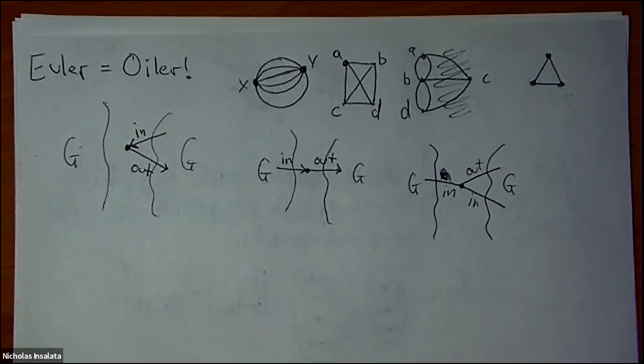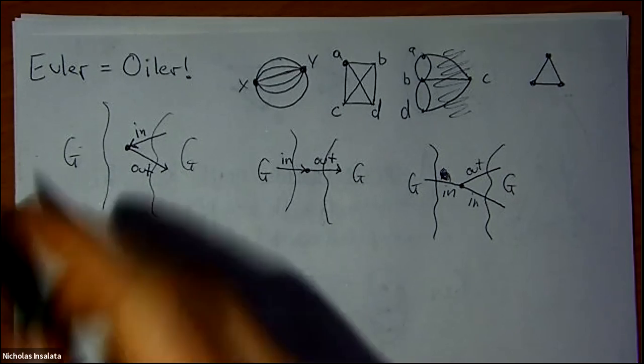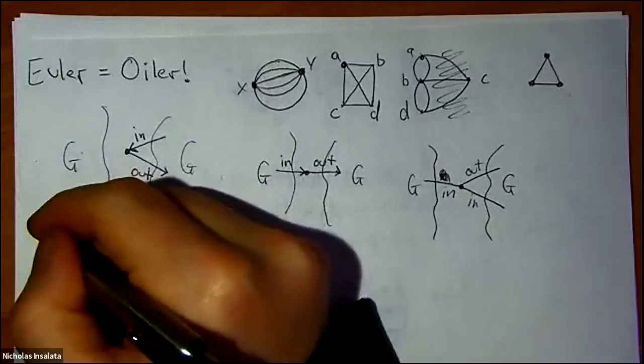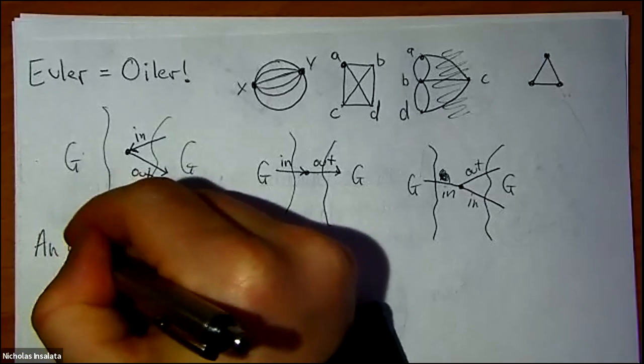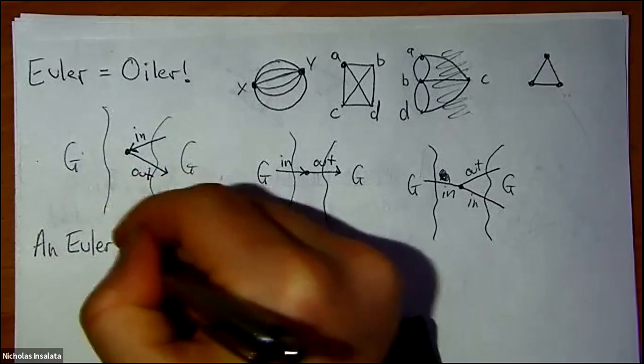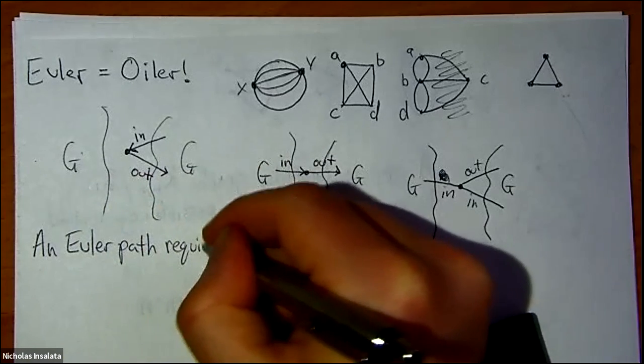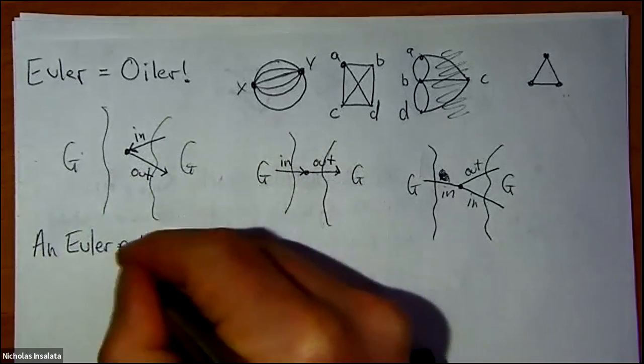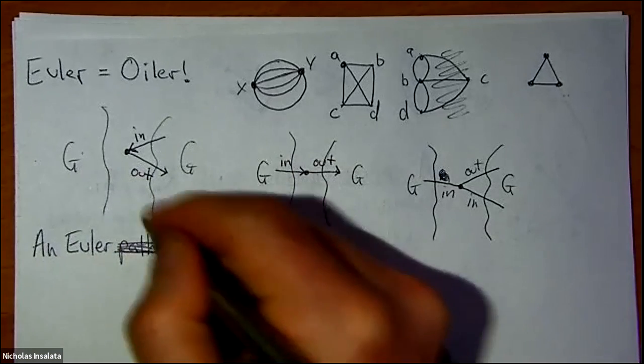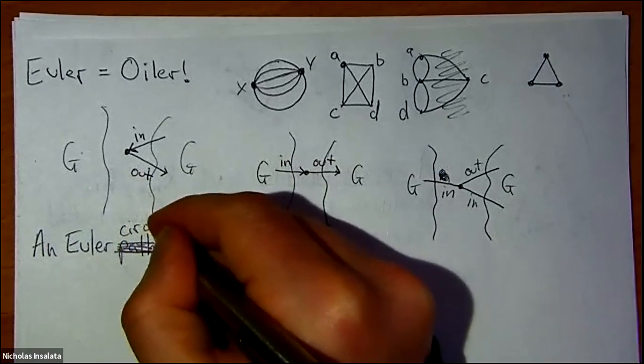Okay, so in order for an Euler path to exist, an Euler path requires, an Euler circuit, pardon me. Helps to use the right vocabulary.